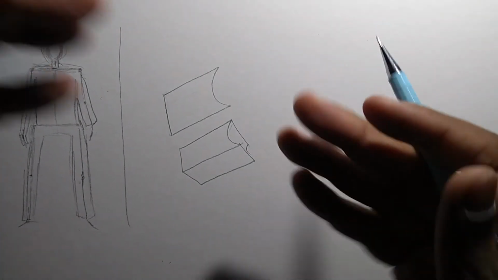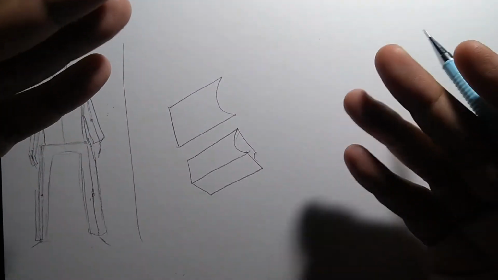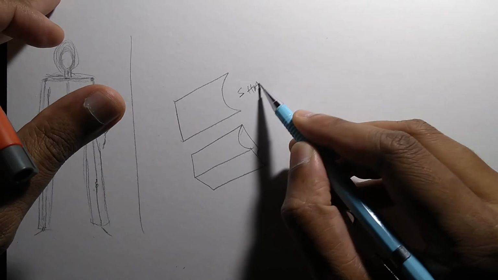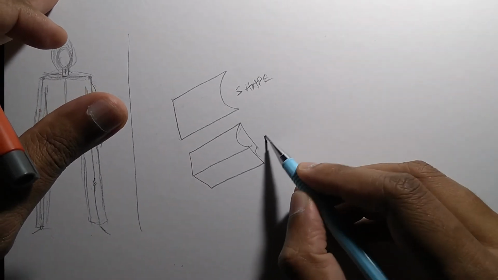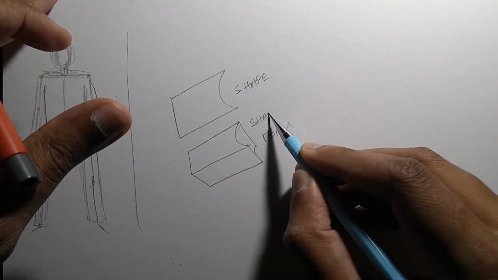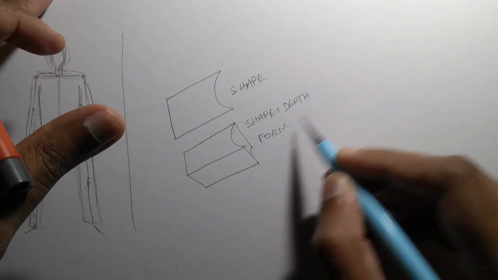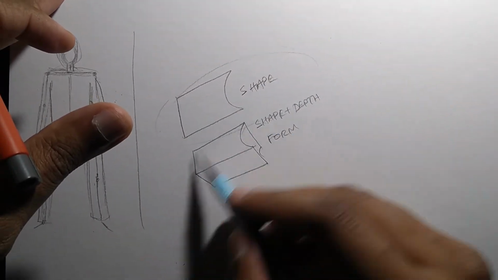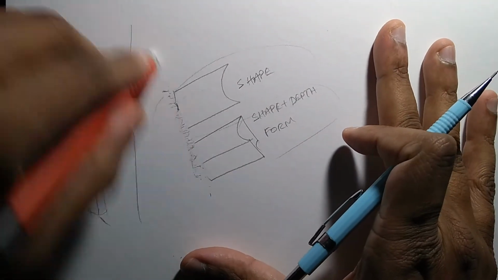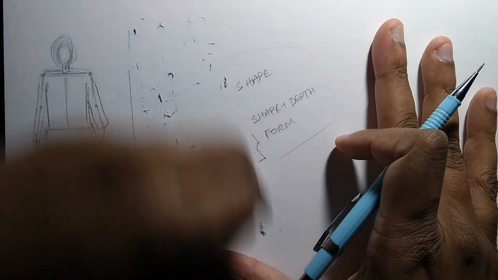You see that? It's basically shape plus depth, right? So this is shape, this is form, and form is basically shape plus depth. Okay. So for the moment we are here. I will teach you how to draw 3D objects afterwards. For the moment we are simplifying into shapes, not 3D objects.